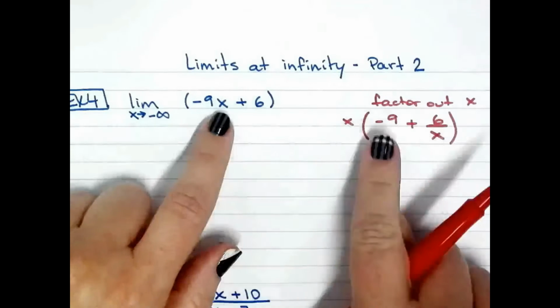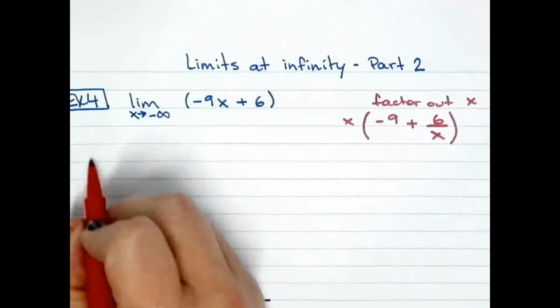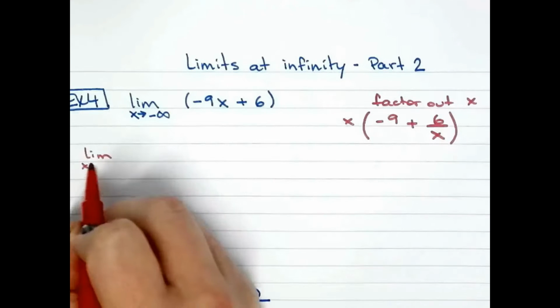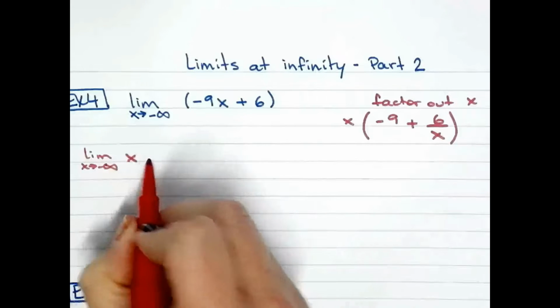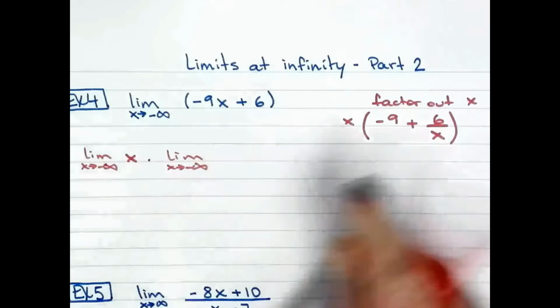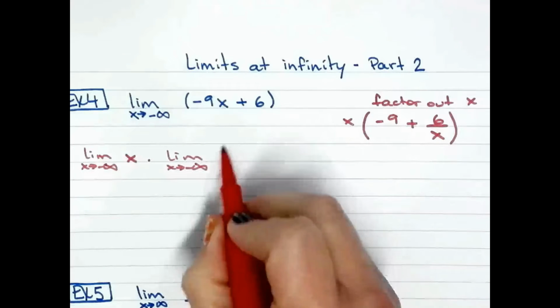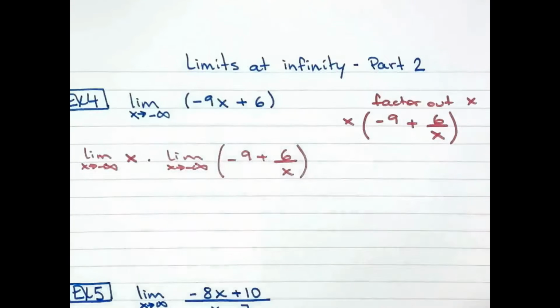Okay, so I just rewrote this function differently. So I will find the limit as x approaches negative infinity of x, and then times the limit as x approaches negative infinity of this guy right here, -9 plus 6 over x.